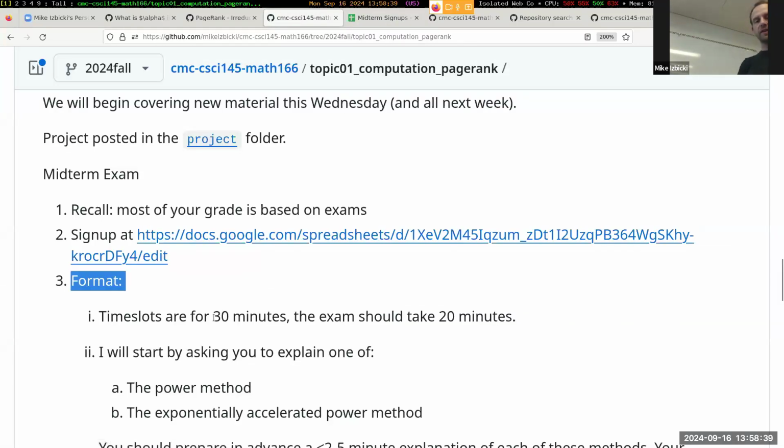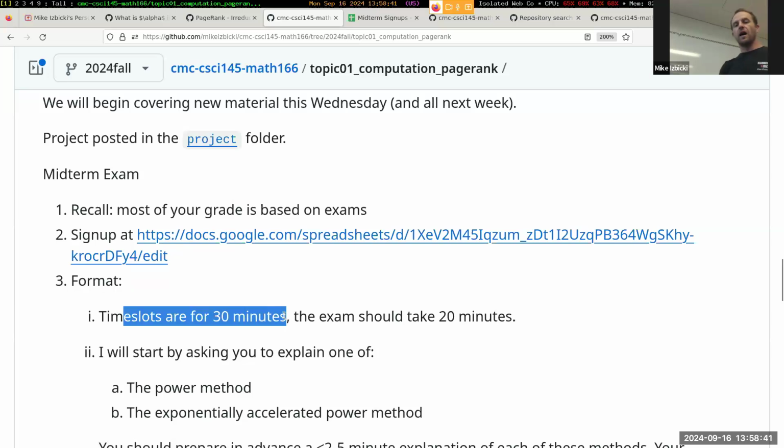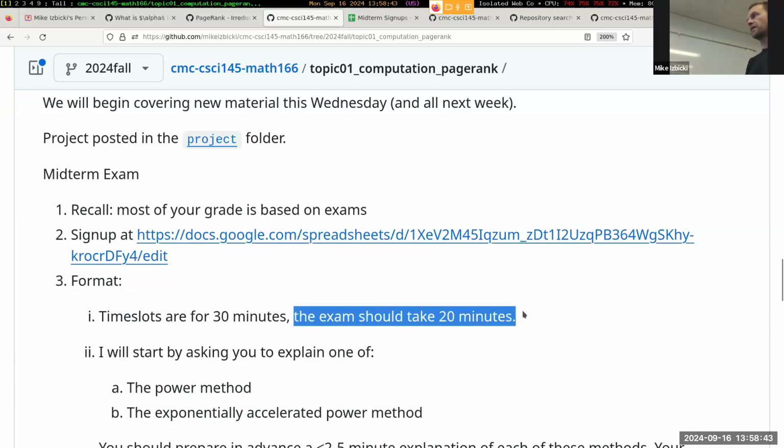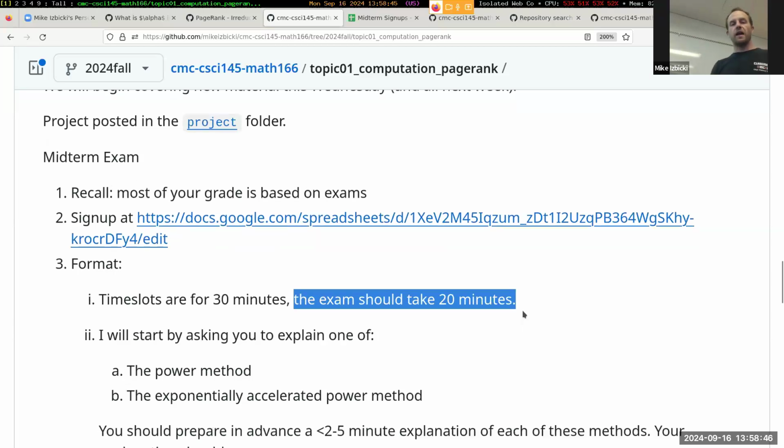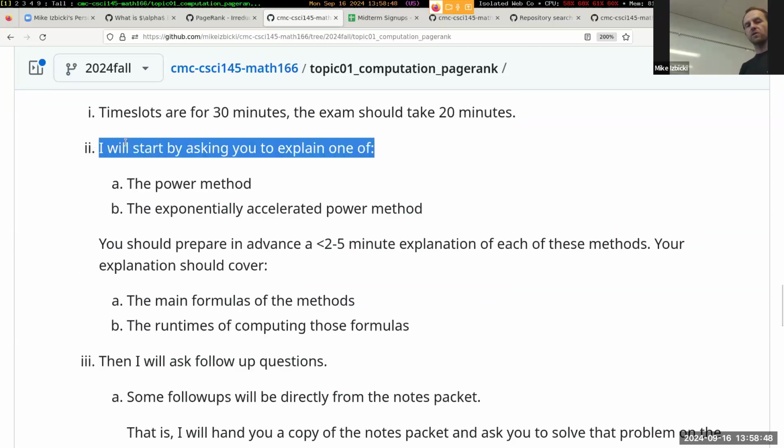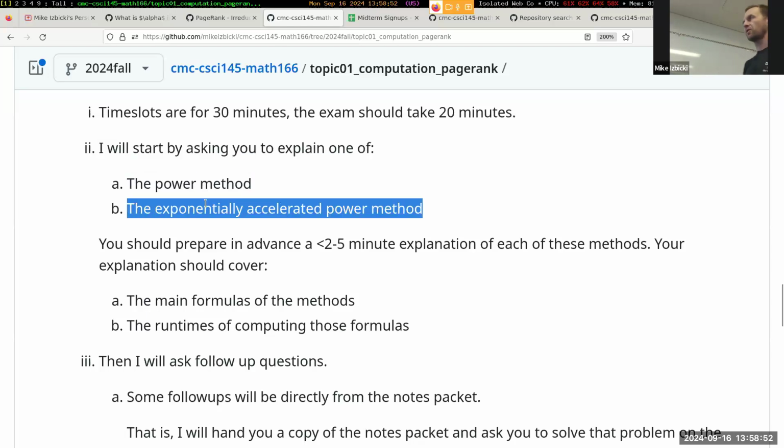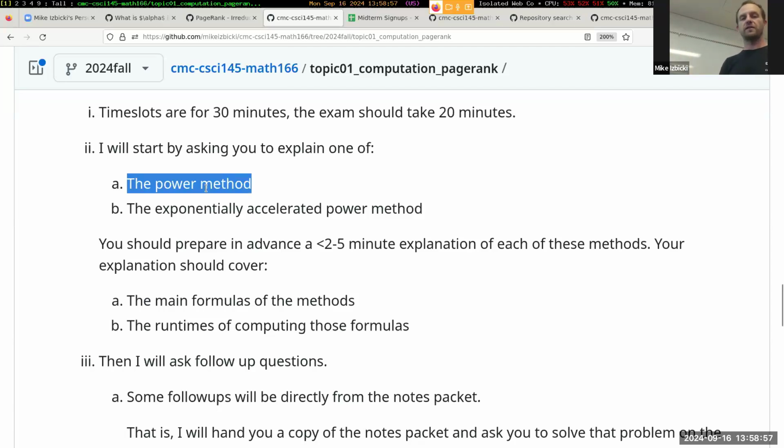The format of the exam, the time slots are for 30 minutes. I expect that on average, the exam will take 20 minutes. The first thing that will happen is I will start by asking you to explain either the power method or the exponentially accelerated power method. I'll just basically roll a dice, and that'll determine which one of these 2 things you will be telling me about.